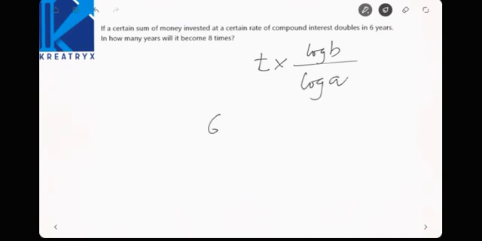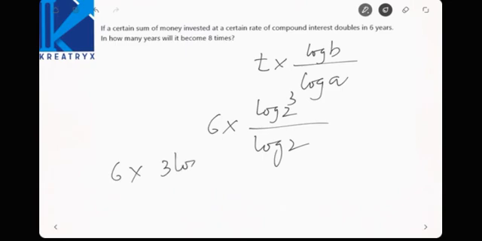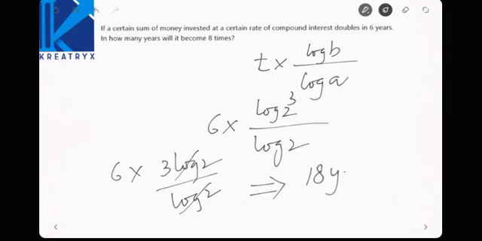Initial time period is 6 and it has to become 8 times, means log 2 cube, and the initial is log 2. Log 2 cube can be written as 3 log 2 by log 2. Log 2 gets cancelled. Now the answer will be what? 18 years. So in order to become 8 times, it takes how many years? 18 years.